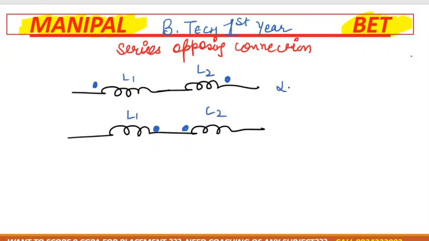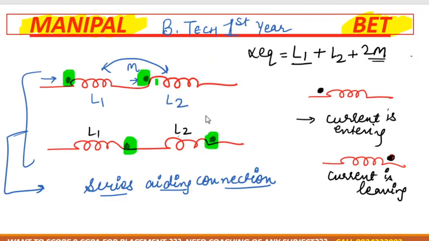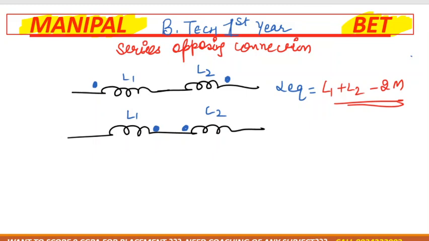In this case, L equivalent is L1 plus L2 minus 2M. If it's series aiding, then it is plus 2M, and if it is series opposing, then it is minus 2M.